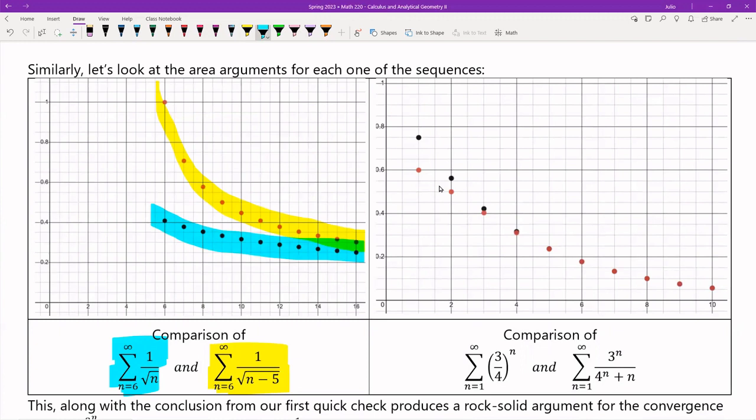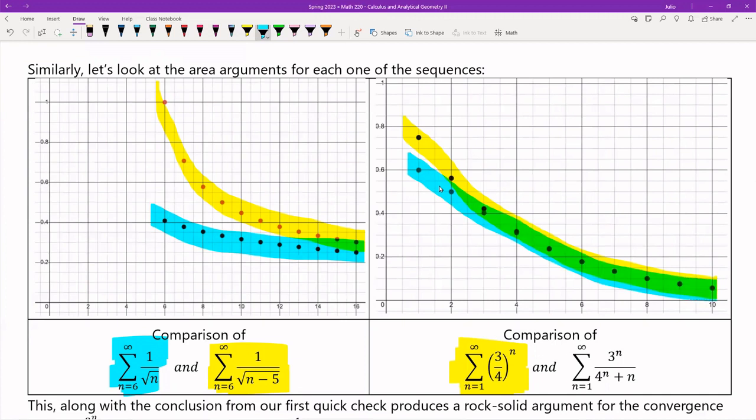So we get to see now that those yellow terms are bigger than the blue terms. Likewise, this one has a little less space in between them, but the argument is still there. Let me get this right. The black ones are these, and the blue ones, they overlap almost instantly, are these.